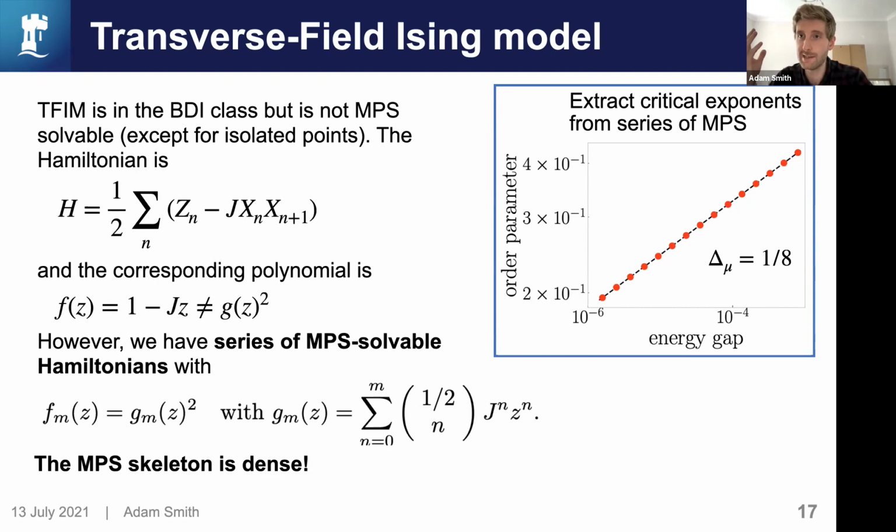And is it also dense in that case? But I agree, your question is a bit more subtle. Even if it is dense, are there properties that we can't capture with these MPS solvable models? I think my answer would be I don't know, but I can't think of anything. Okay, thank you.